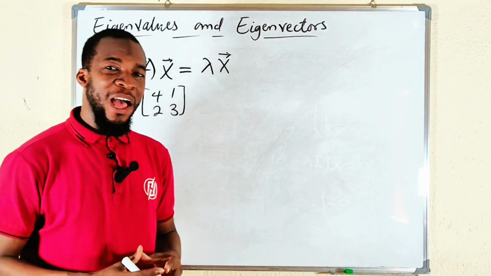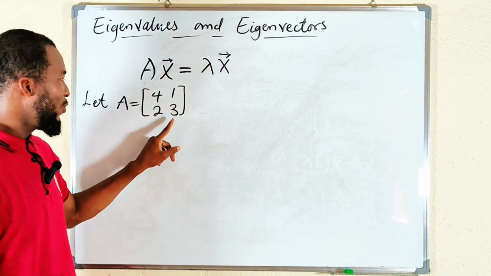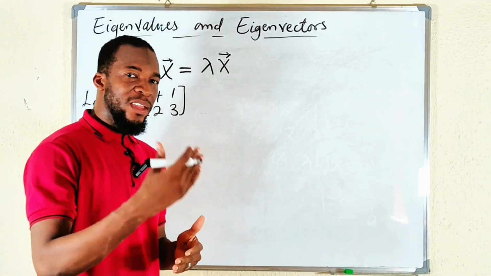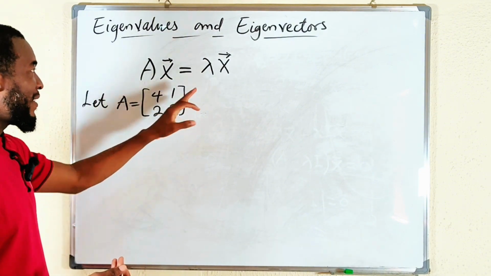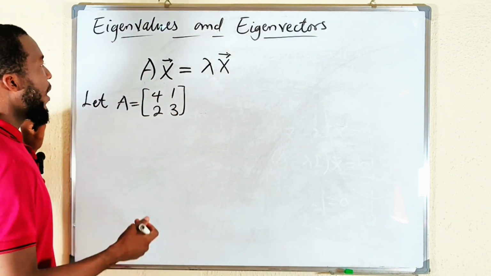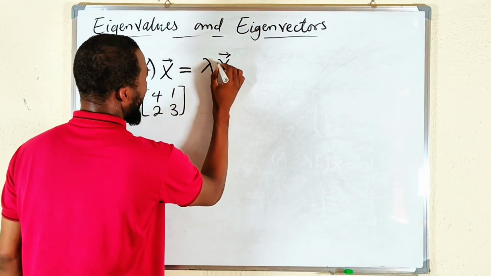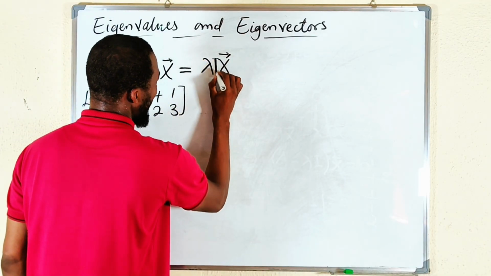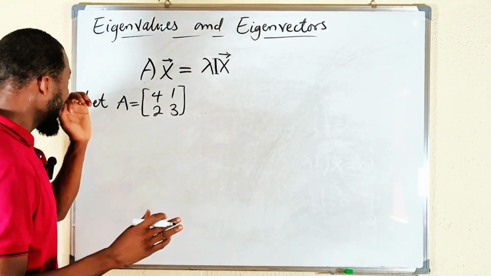All right, now that we have a matrix A that has these entries 4, 1, 2, 3, how can we find the eigenvectors and eigenvalues? Remember, we are going to start by finding the eigenvalues first. Remember what I told you? We can attach I here because the identity matrix will not change anything, right?